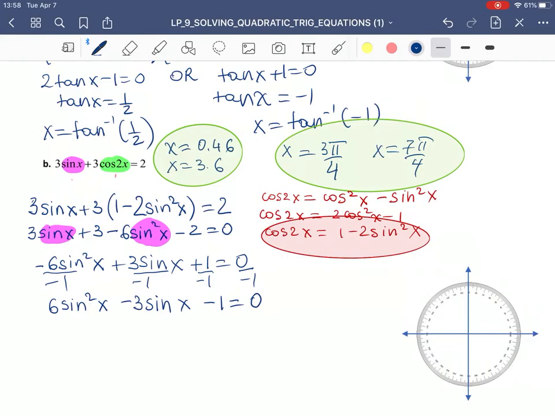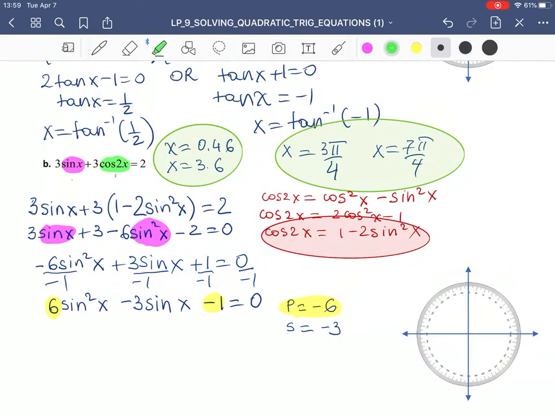So we want to factor this equation, and I am thinking if I want to factor, I need to find two numbers that will have a product of negative 6. So how do I know that? Well, I want the product to equal negative 6, 6 times negative 1. And in the meantime, I want the sum of these two numbers to be negative 3.